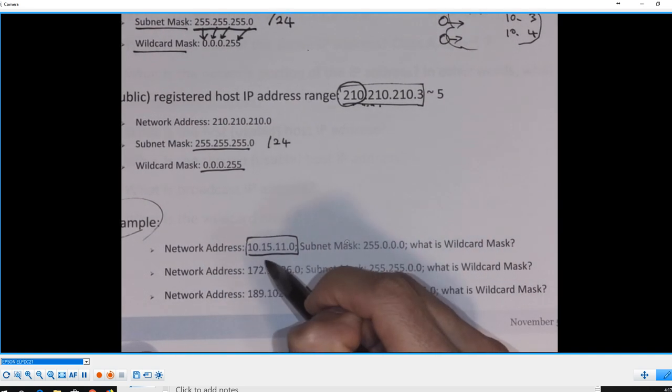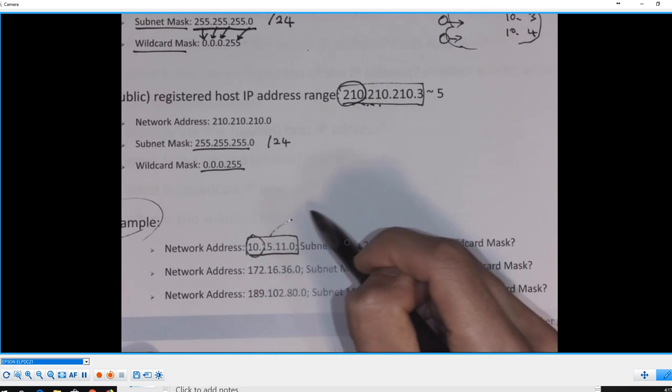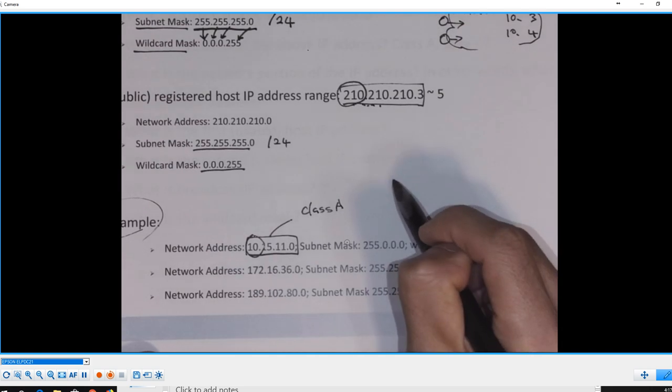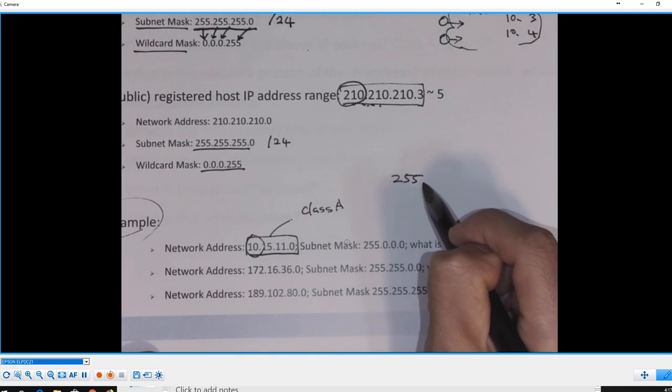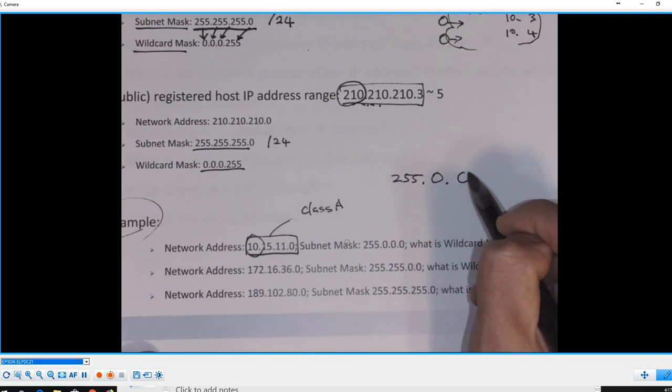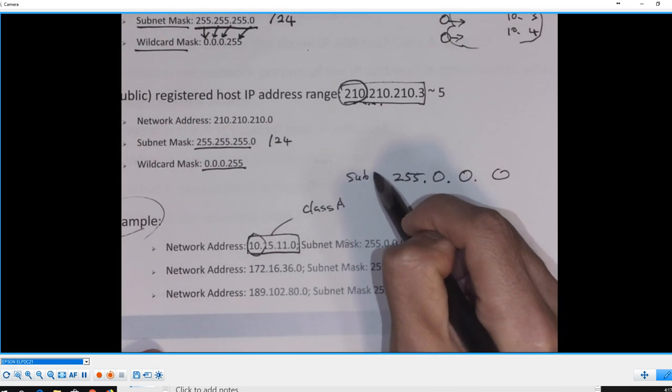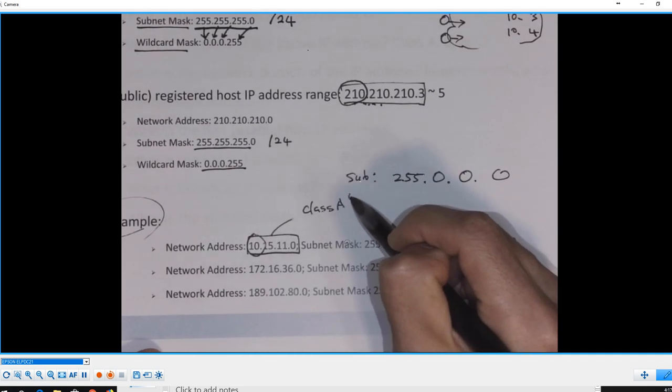By looking at the first octet, we know that this is class A. So that means the subnet mask is 255.0.0.0. And the wildcard mask is the exact opposite.